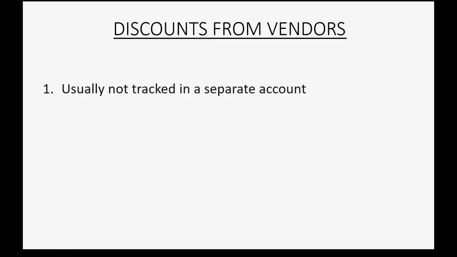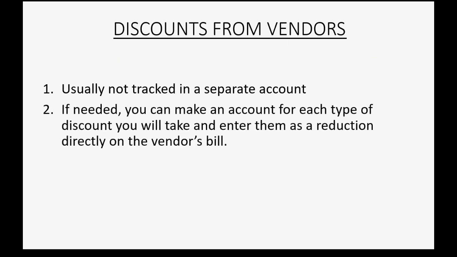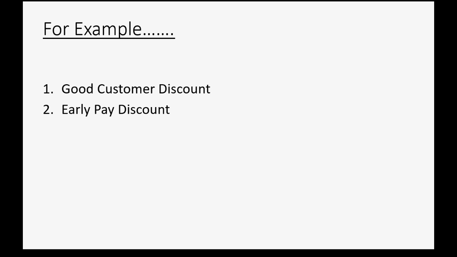Discounts from vendors are usually not tracked in a separate account. If needed, you can make an account for each type of discount you will take and enter them as a reduction directly on the vendor's bill. For example, let's imagine we have two types of discounts, good customer discount and early pay discount.